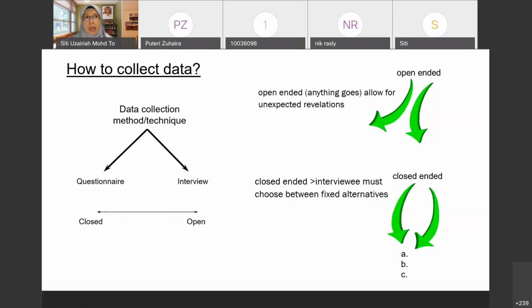So it gives room, when participants give their opinion on something, for you to discover something new, something you did not gain from your first search on knowledge, for example by reading the literature and the theory. So it gives the opportunity to discover something new by having interview questions, this open-ended type of data collection.